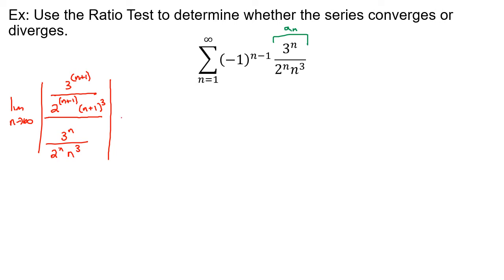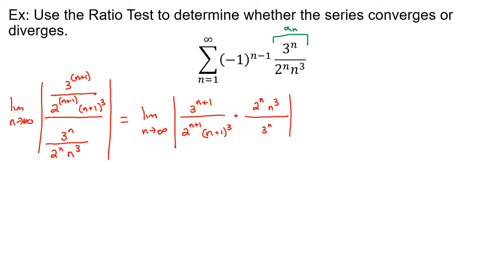And so what I'll do is I'll take the one that's on the bottom and flip it over and multiply it. So I'll have 3 to the n plus 1 over 2 to the n plus 1 times n plus 1 cubed times 2 to the n cubed over 3 to the n.